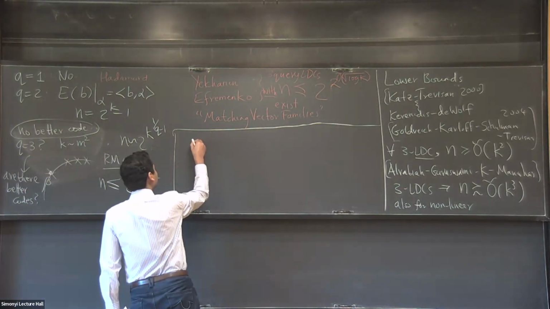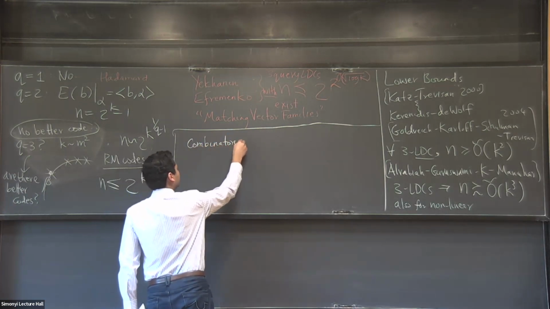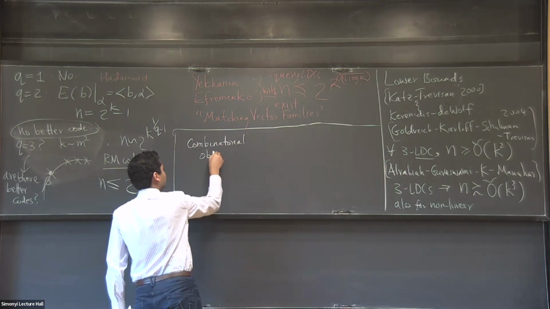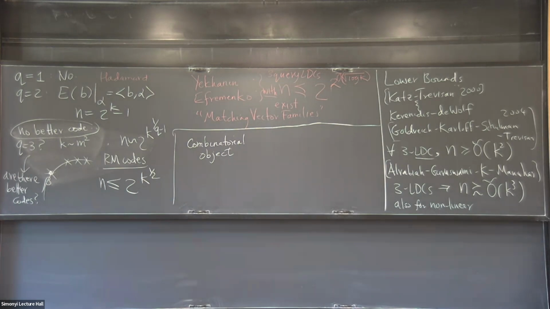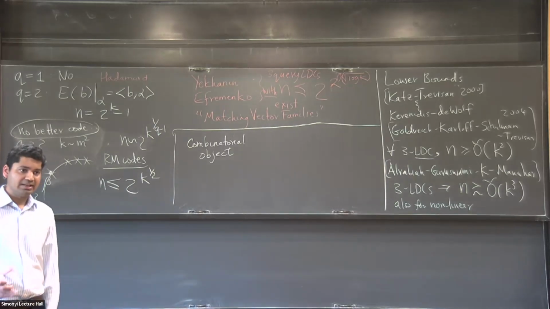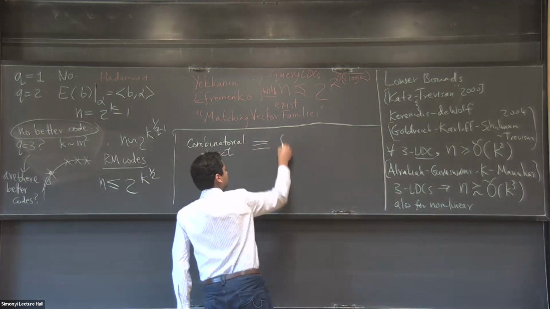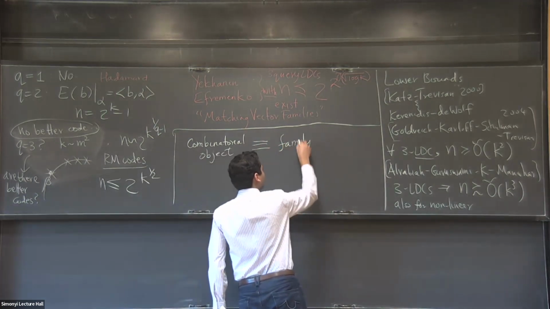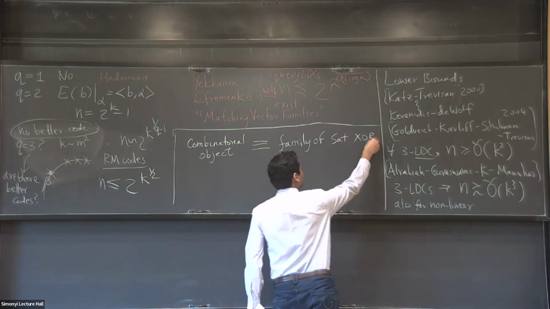What I'm going to do is take the task of verifying that some combinatorial object has some required property. The object we care about today is whether some potential construction has this local correction algorithm. We'll take that property and encode it into a family of satisfiable XOR formulas.